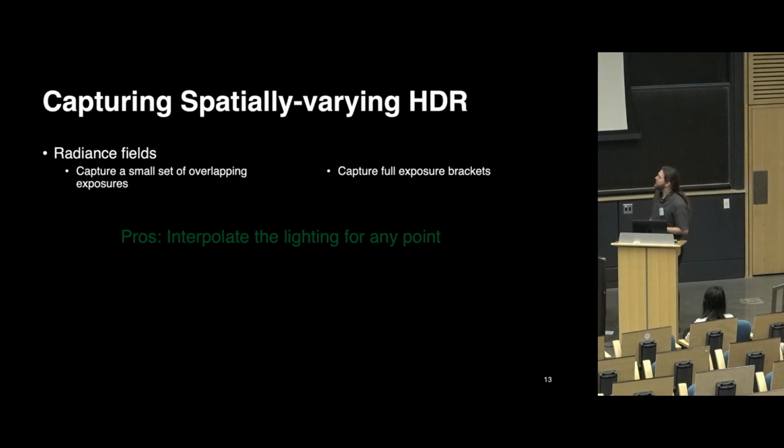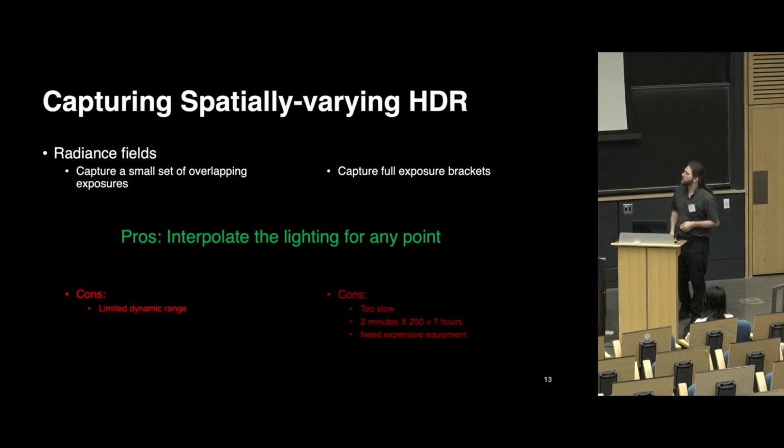While those two work pretty well, and especially compared to the previous method, you can interpolate the lighting at any point in the scene. However, in the first case, you've got limited dynamic range, and in the second one, it's pretty slow. It's in the range of a couple of hours to recover just a very small scene, and it can go up really quickly. And the main thing also is that this is pretty expensive.